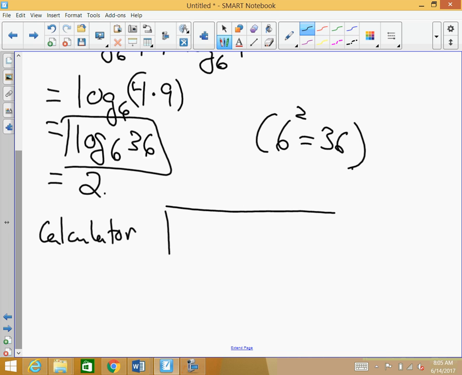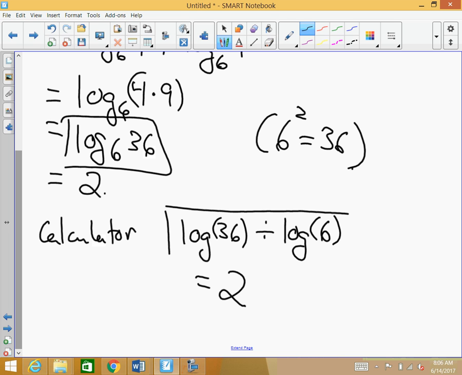In my calculator, I put log, and if it's blank, it's automatically base 10, 36, in brackets, divided by log base 10 again, 6, and that will equal 2.